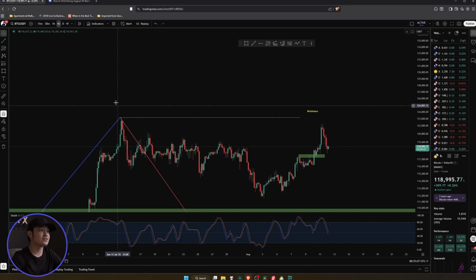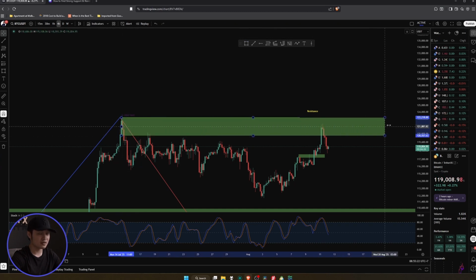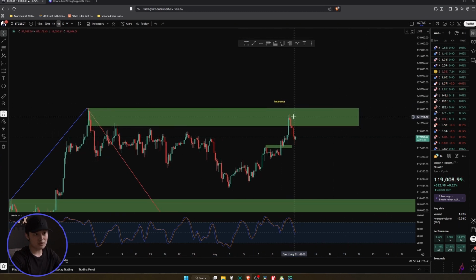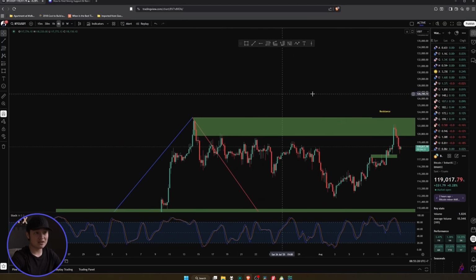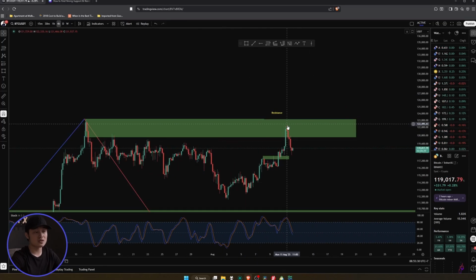Here in this case, this is very strong resistance because the price hasn't touched this level right here. The zone should look like this, and finally the price touched this zone and it showed a pullback on Bitcoin.